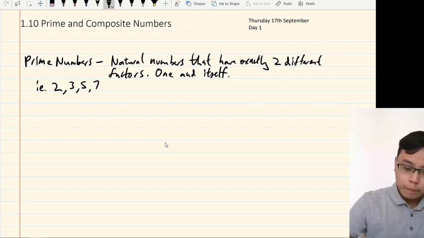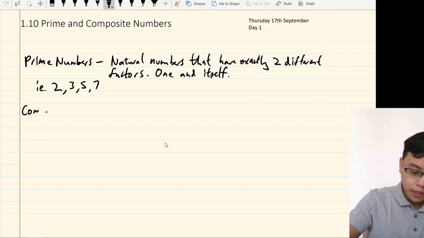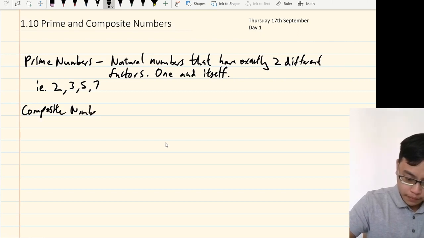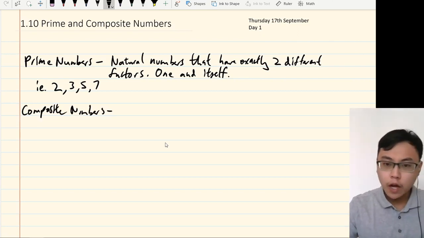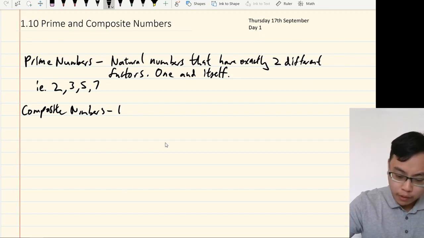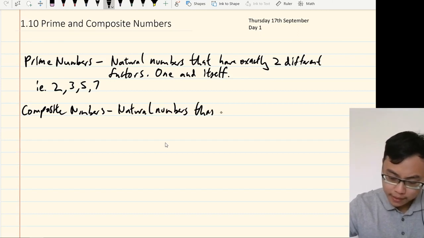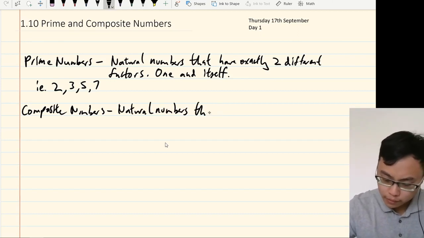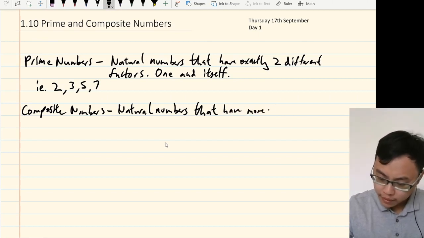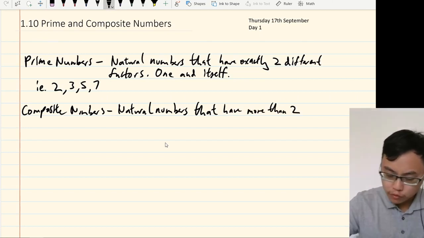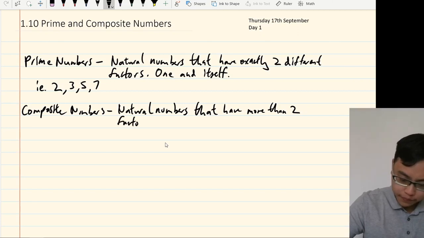The other type of number we're going to talk about is called composite numbers. Composite numbers are natural numbers that have more than two factors.